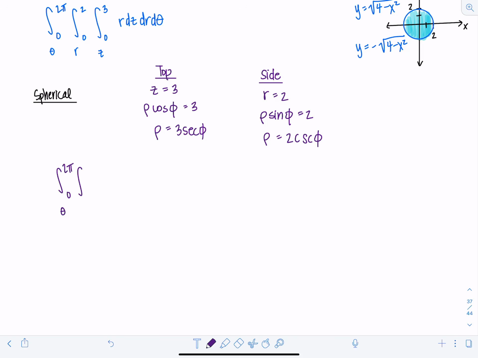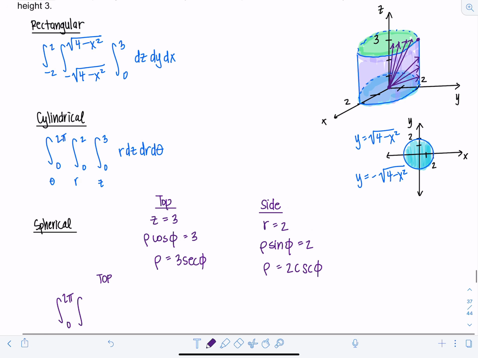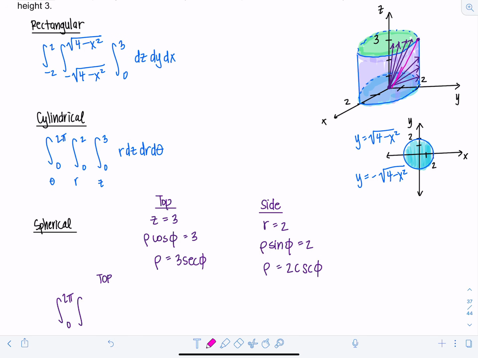Now what about this first integral for phi? This is going to represent the top. Well, notice the top is determining what rho is up until phi is equal to whatever angle this is. The top is determining the length of rho from phi being 0 up until wherever that is.